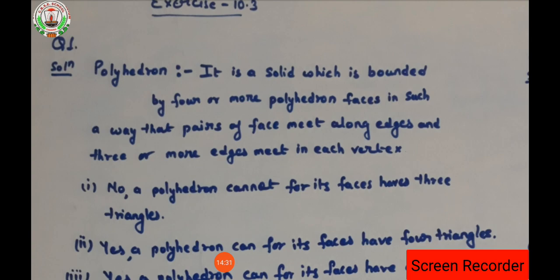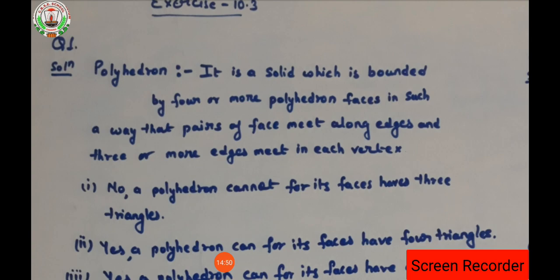Remember the specific thing of this polyhedron definition: 3 or more edges are going to meet at a point. That's why it is called a polyhedron.